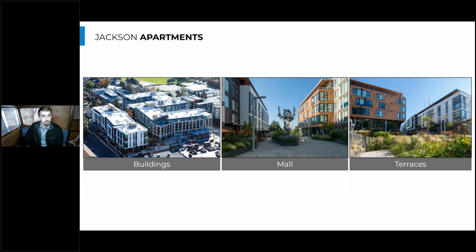So you can tell here's a picture of Jackson Apartments, a few different viewpoints. We have the two buildings here on the left, and if you zoom in a little bit, you have this really beautiful corridor they call the mall that has, of course, this brilliant architecture of the plants as well as the building itself and this structure here.